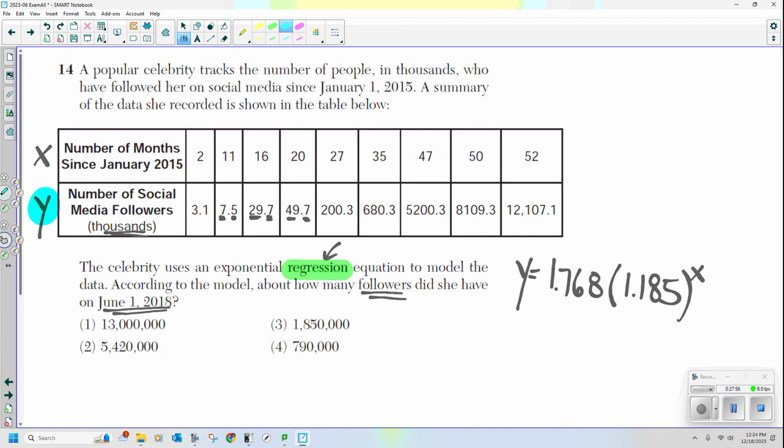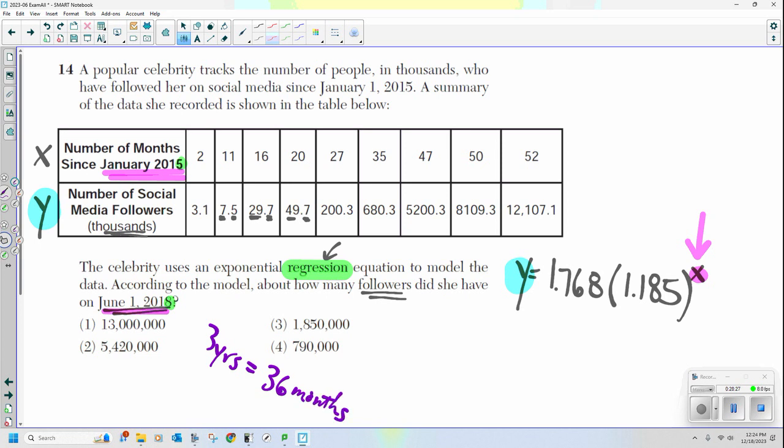The followers are the Y, so I need to figure that out, but I need an X value to plug in. June 2018. X is the number of months since January 2015. Notice, I went up 3 years, from 2015 to 2018. 3 years is 36 months.